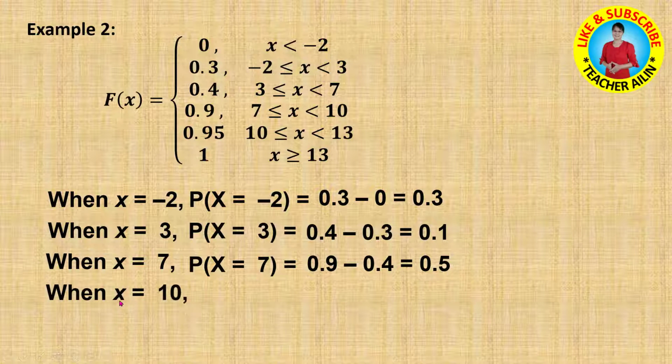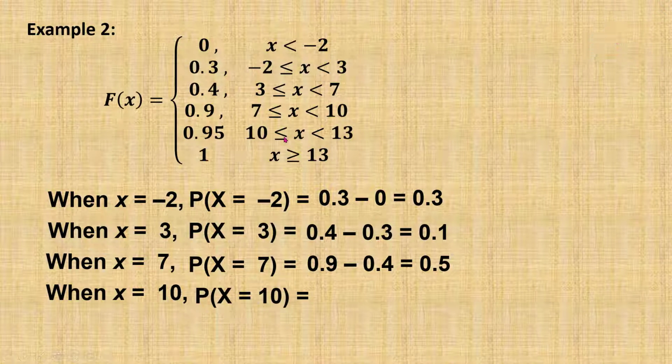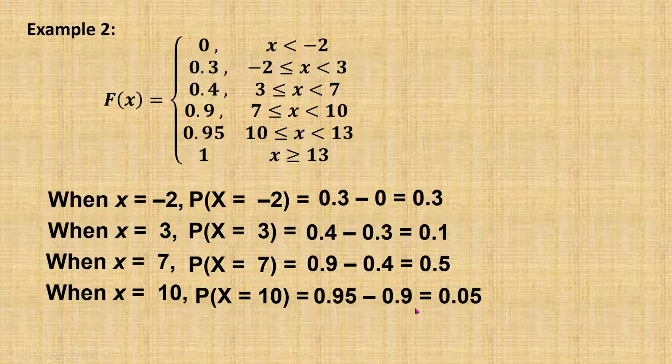When x is equal to 10, the probability is 0.95 minus 0.9, which is equal to 0.05.